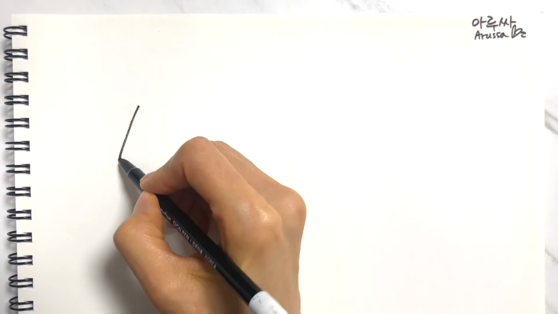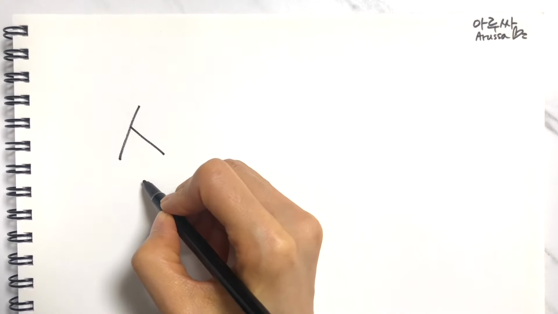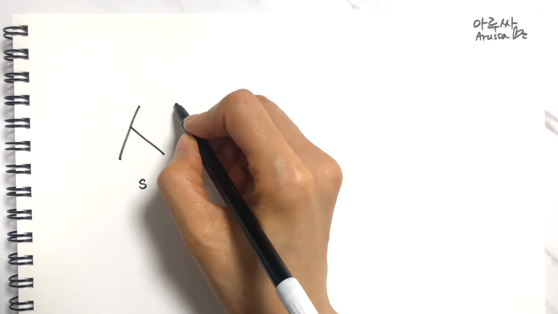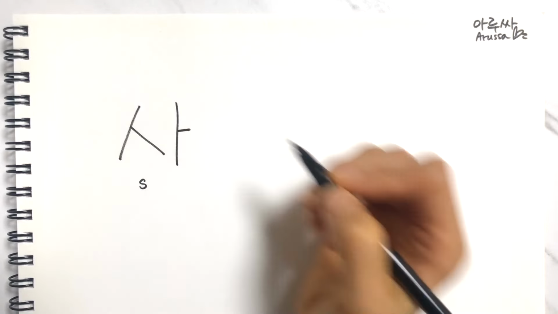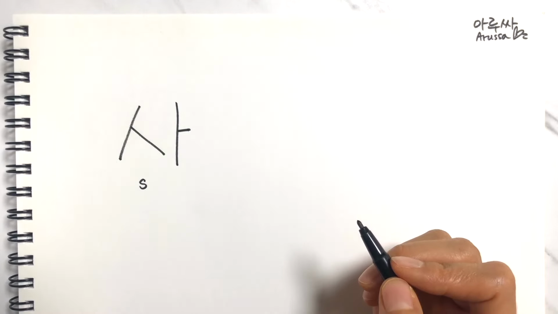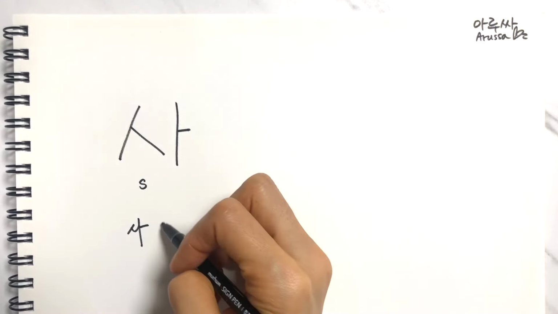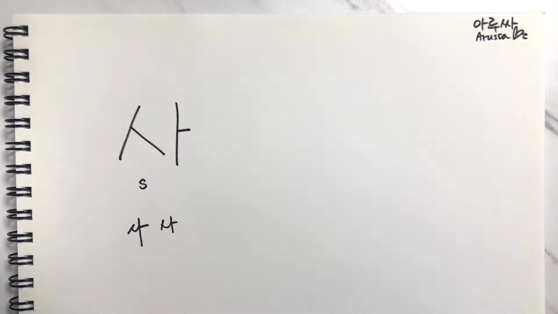사, 시옷. 1, 2. That's it. It sounds s. Let's put the vowel letter. 아. 사. 사 can be used for this word.